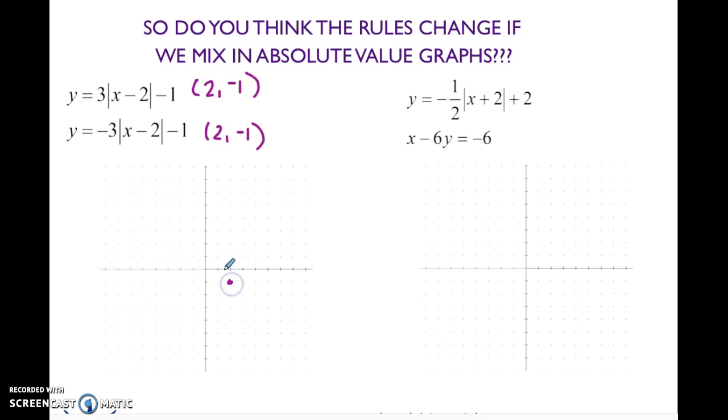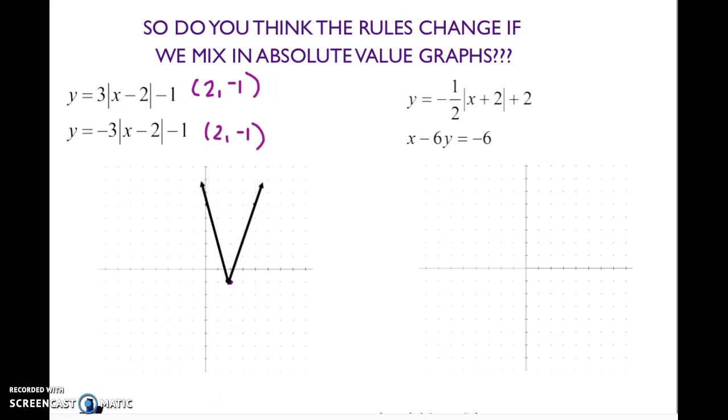But the top equation has a slope of positive 3. So I would count up 3 over 1 this way, and 3 over 1 this way. So if I draw this in, I would have that absolute value graph.